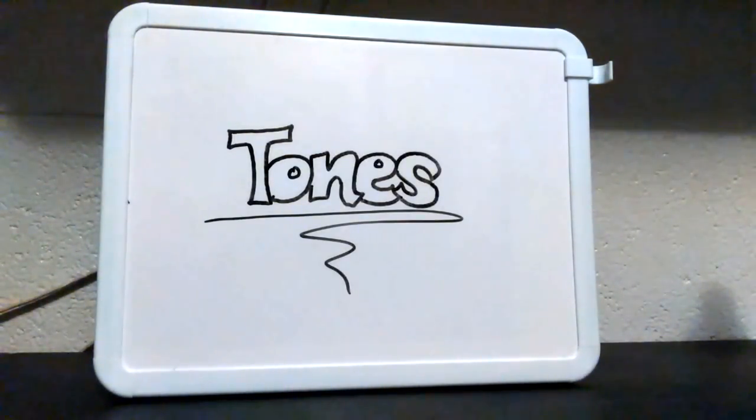Some consonant-vowel combinations only involve one, some only involve two, some only involve three, stuff like that. But in general, the idea is you pronounce something 8 different ways, you get 8 different words. Hopefully this video clarifies what the tones are.